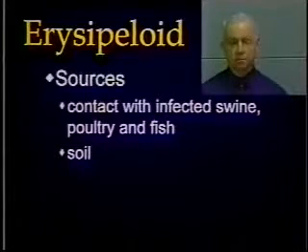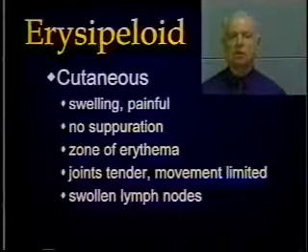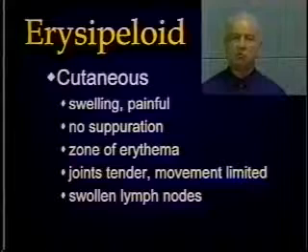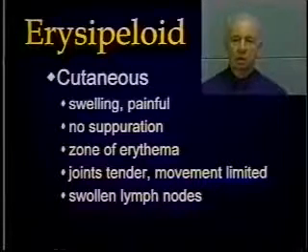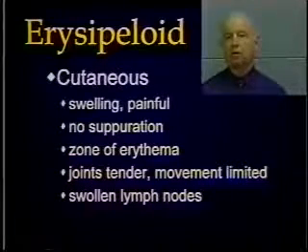of human infections. In humans, primarily this is a cutaneous infection that occurs with a painful swelling in the area. These do not form pus, and there is a zone of erythema, and this may also end up with painful joints and is again a chronic infection, but nevertheless one that is painful.